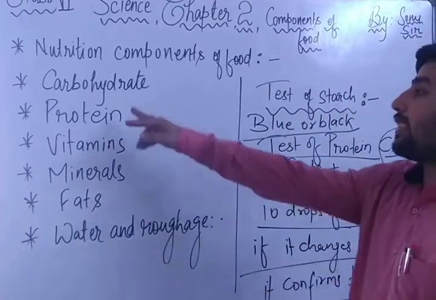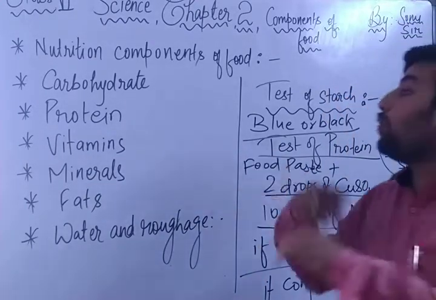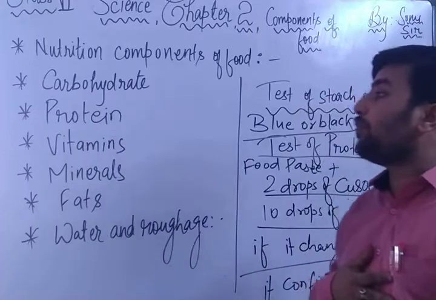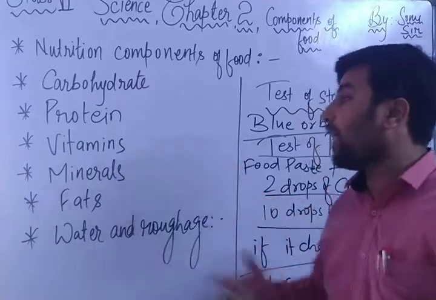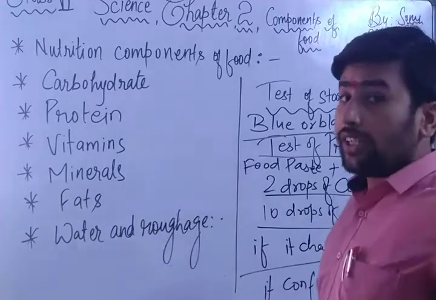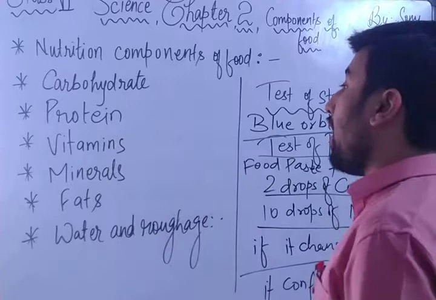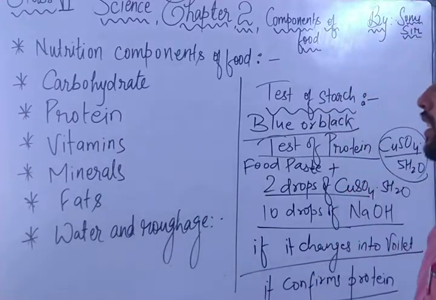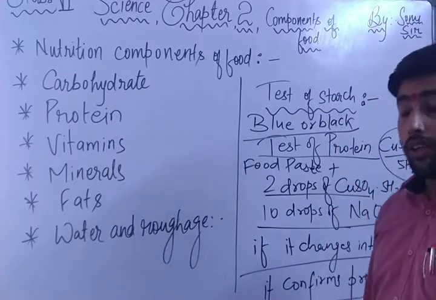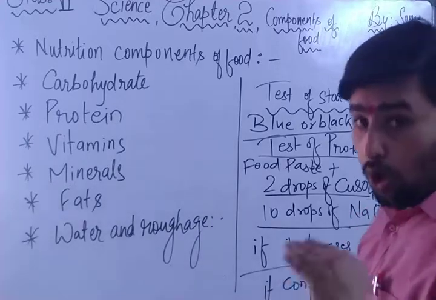But in which food items do we get carbohydrate? In which food items do we get protein? We get vitamins, minerals, fats, water and roughage. Carbohydrate, generally about 60%, we must have in our balanced diet. Carbohydrate: rice, chapati, every day we eat rice and chapati, that's the common food item.